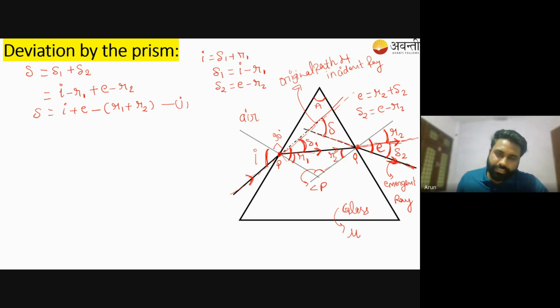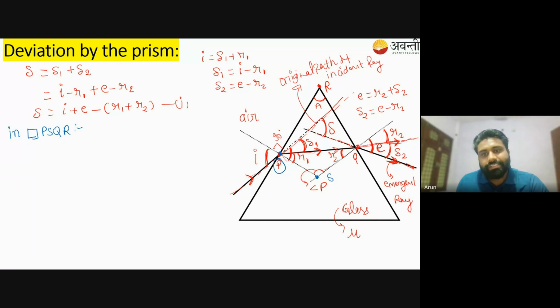If I note this point as R on the above side, and this point is, let's say, S, then in quadrilateral PSQR, observe very carefully: P, S, Q, and R. What is the angle P here?